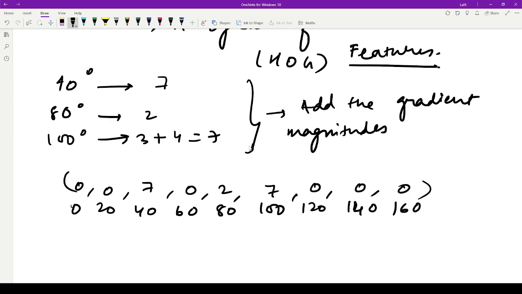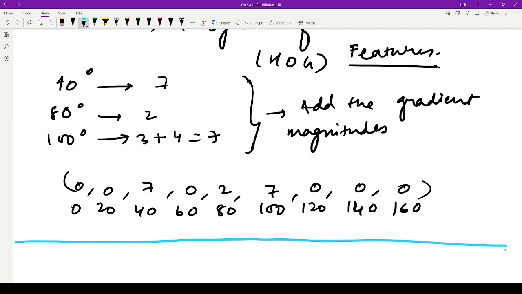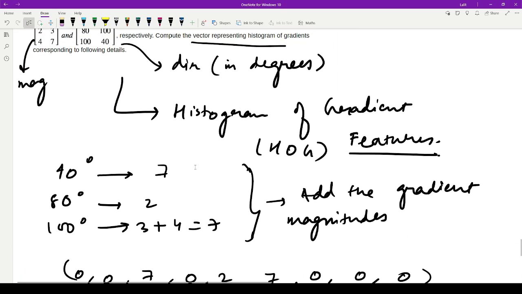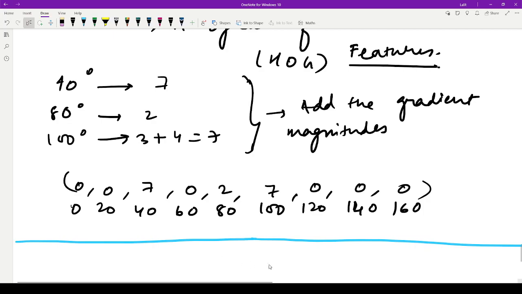So do you think if I need to get HOG features between two images and then try to match the object between them directly, is it good enough? It should be normalized too. Yes, so you have to normalize the image before you take the gradients and then compute this histogram. If you don't normalize the image, your histograms will look similar, but they may not be the same in terms of values.